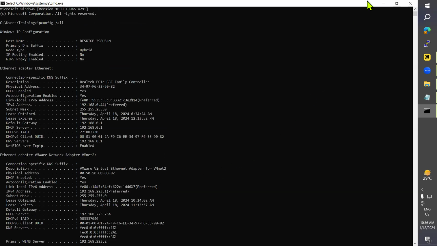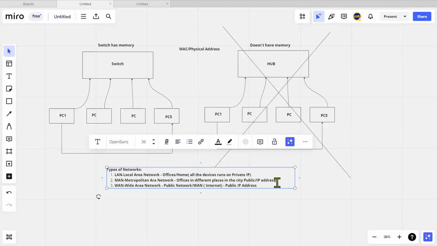It's not magic. There is a concept of NAT, network address translation. See, for example, we've seen many translators, right? If you don't know Hindi, if you know Telugu or English, someone will translate into Hindi what you're saying.